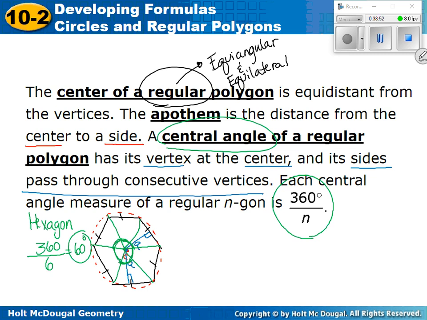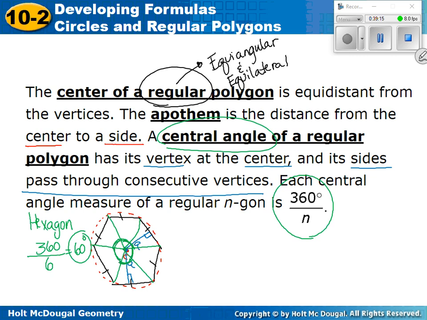So let's say I had a 5-sided figure. What's a 5-sided figure called again? Pentagon. So here's a pentagon. So if I were to draw my center and every central angle, there's a central angle, there's a central angle, there's a central angle, there and there. Do you see how I have 1, 2, 3, 4, 5 triangles?